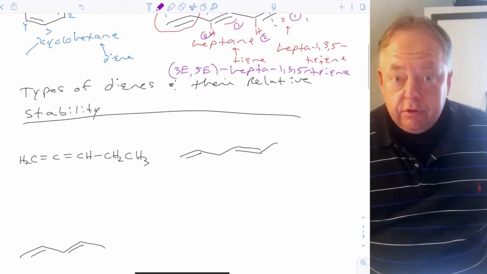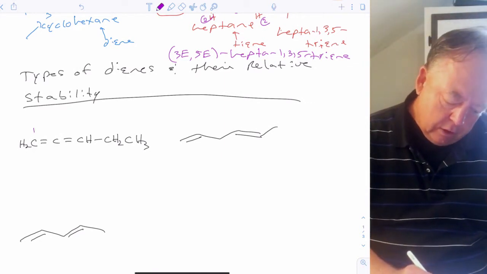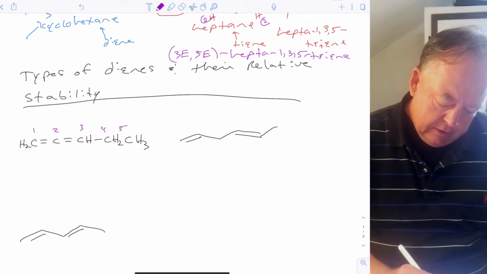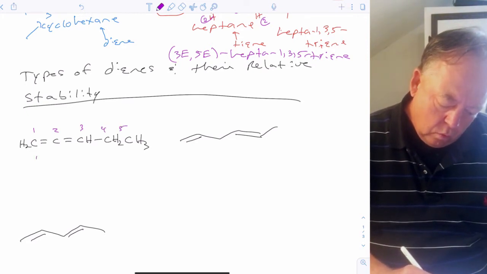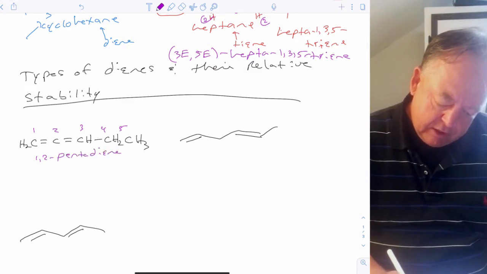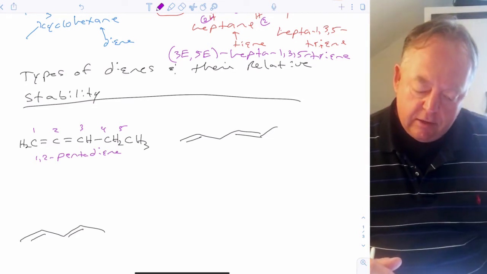Okay, so in terms of their stability, there are different types of double bonds. So this one, where the double bonds are on adjacent carbons, would be 1,2-pentadiene. Sometimes you see the numbers at the start of the parent.